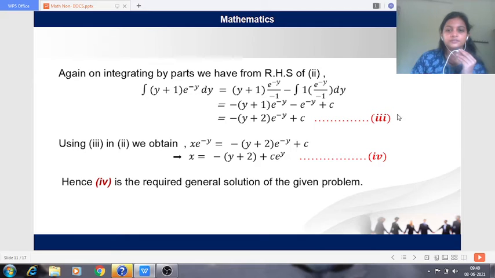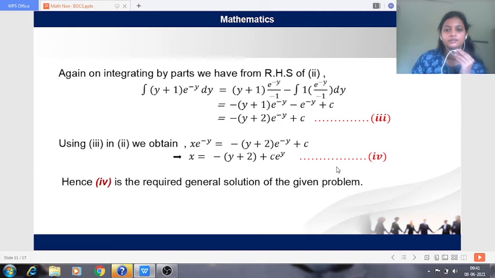Now using equation 3 in equation 2, that is on the previous slide, we obtain from equation 2: x = -(y + 2) + c e to the power y, as we divide both sides of this equation by e to the power minus y.